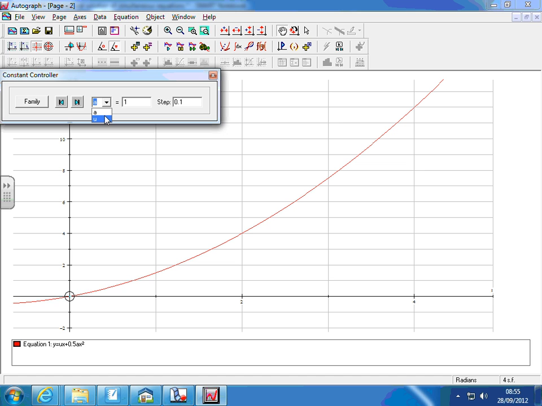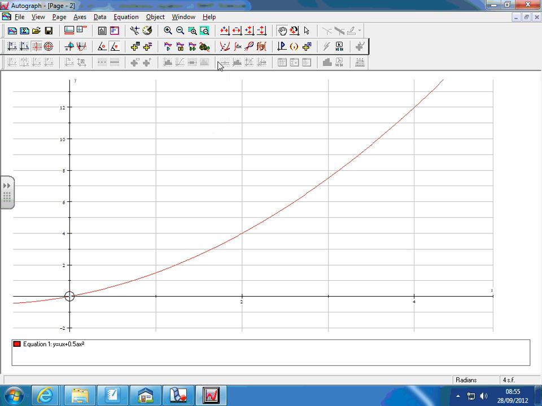So whatever letter I put in apart from x and y will appear in this constant controller, and I can change the values of them, set by default to 1. So at the moment this function is plotting displacement against time when u and a are 1, which might not be the case.